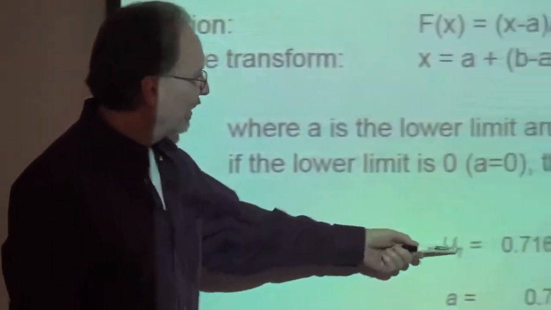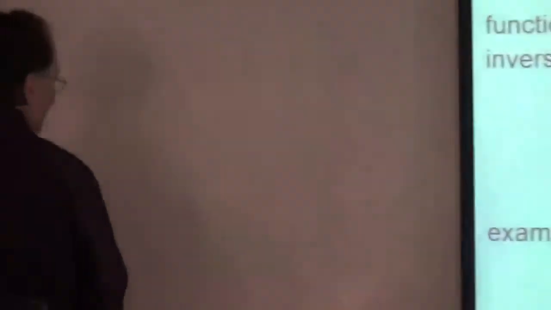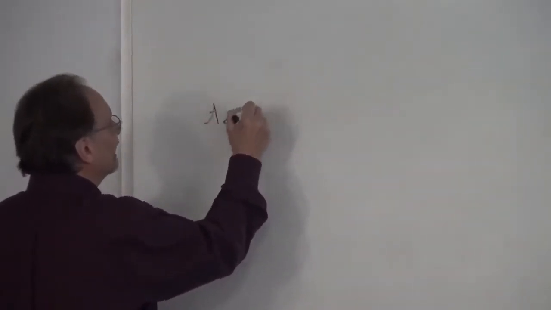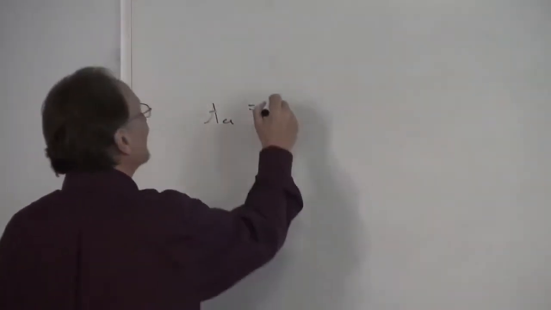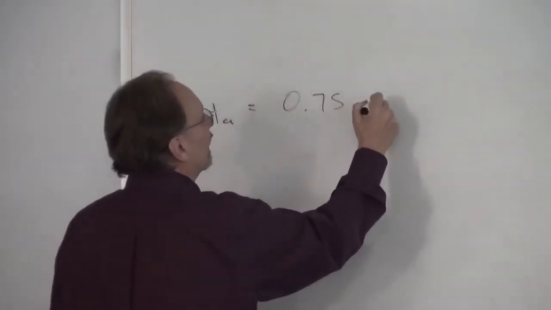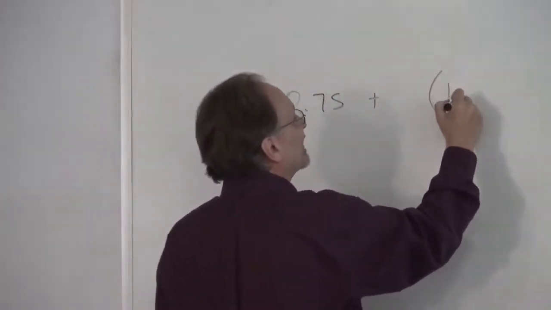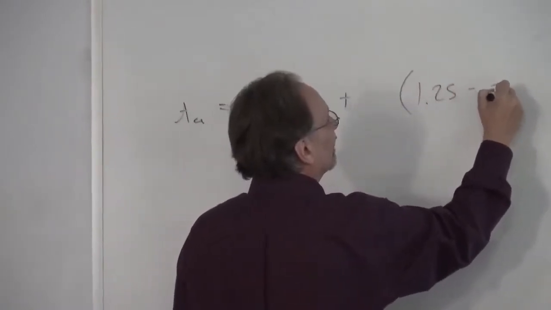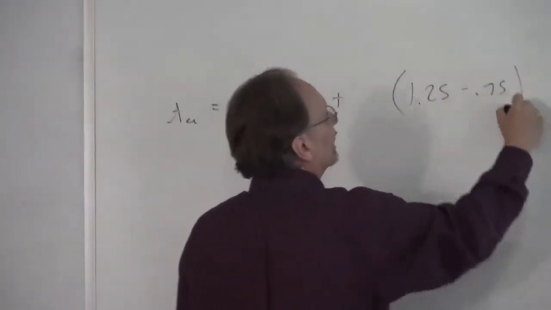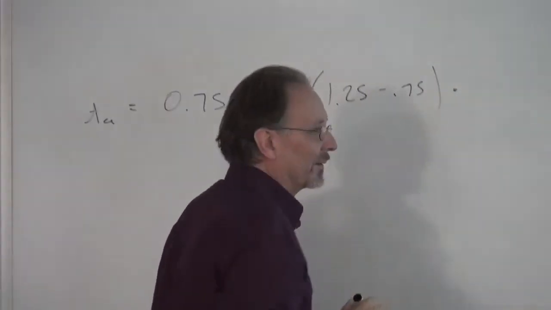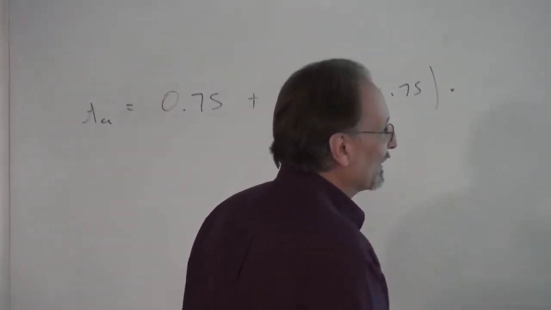So if u is 0.7167, let's take a look at that. And I know that my distribution of the time for berthing and deberthing is between 0.75 and 1.25. That means that the next t sub a is going to equal the lower bound plus the upper bound minus the lower bound times our uniform random number, which in this case is 0.7167.